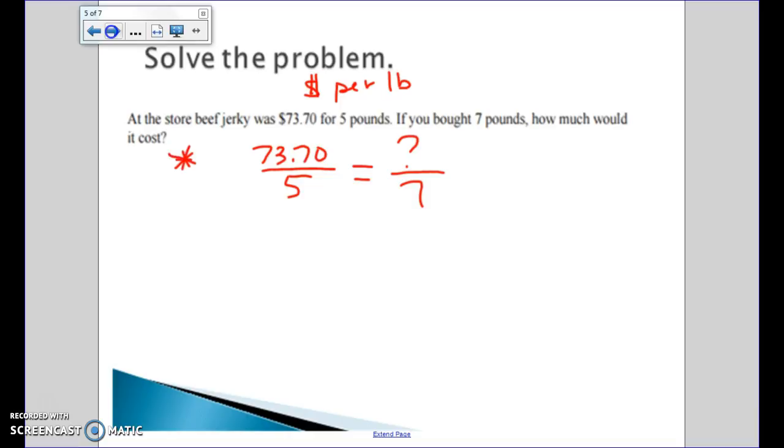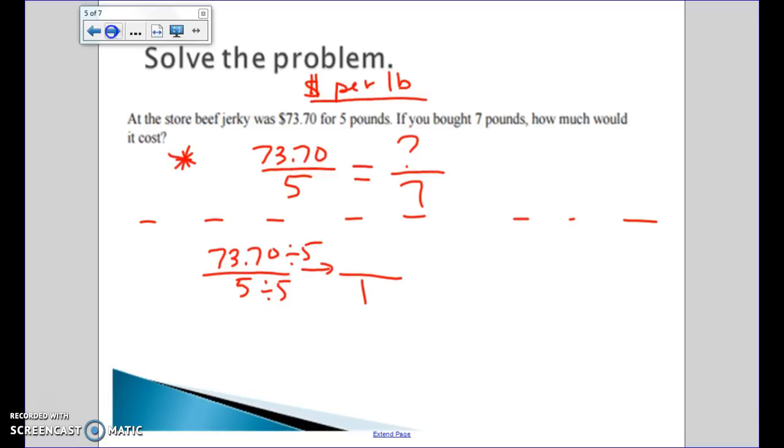But today, let's use our unit rates. So instead of solving it with a proportion, which is one option that we could do, let's solve it using a unit rate. So first of all, let's see how much the price per 1 pound is. I'm going to say $73.70 is for 5 pounds. I would like it to be per 1 pound. So I'm going to divide by 5 to get that unit rate. Okay, and $73.70 divided by 5 is $14.74.